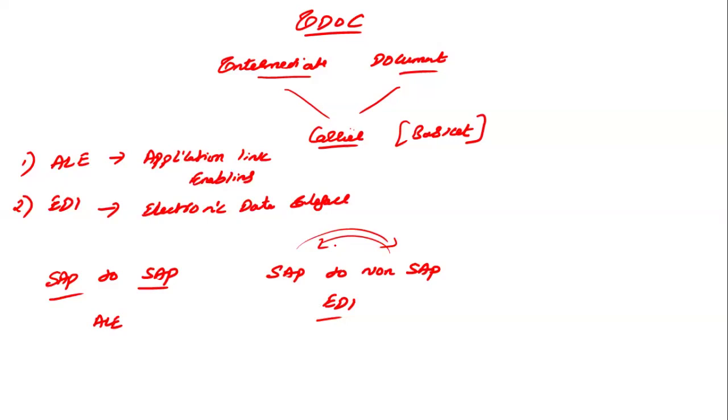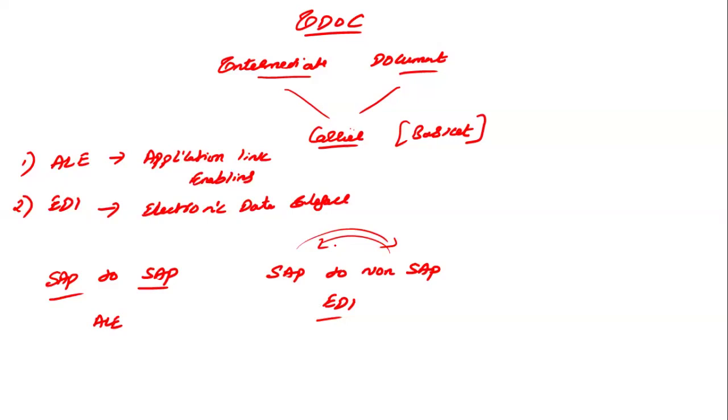EDI is nothing but an electronic data interface where you're going to transfer the data from SAP to a non-SAP system, or you're going to receive the data from non-SAP to SAP system. In that case, EDI will fetch the data from SAP and send the data to the non-SAP system.